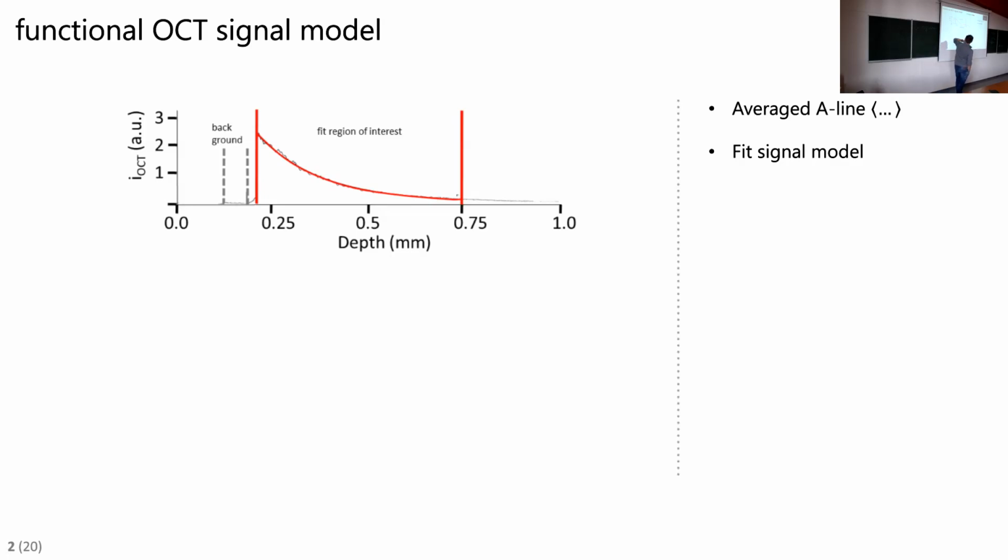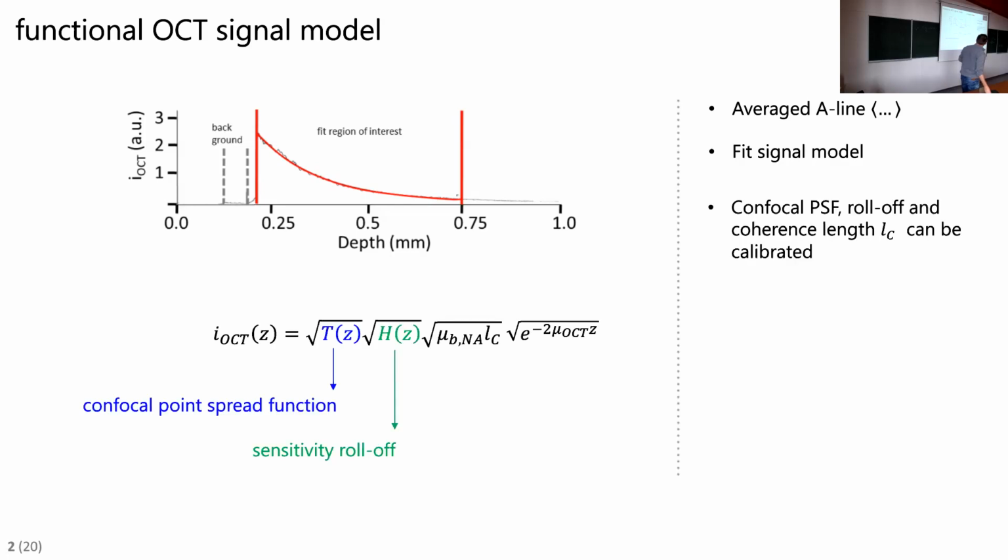So what this process usually involves is that you take an image, define a region of interest in that image, and try to fit a signal model that includes this attenuation coefficient. You extract the attenuation coefficient from that, and then the rest of the analysis. Of course, as we saw earlier today, scattering is not the only thing that causes the decay of the signal.